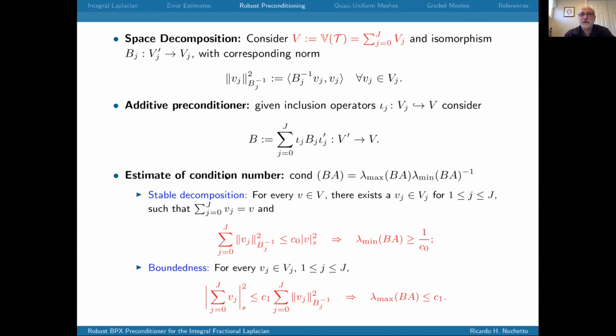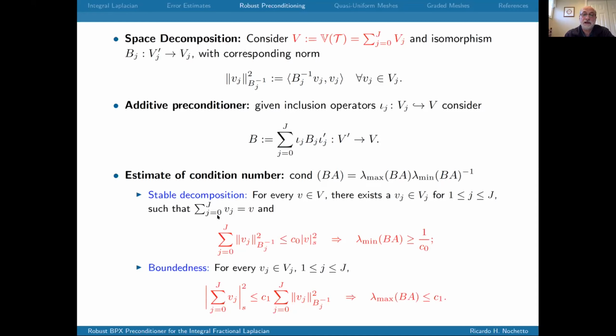But the general theory says that if we use this as a preconditioner, which means we want to estimate the condition number of the product BA and we like that to be uniform, we need to estimate the maximal and the minimal eigenvalues. And there are two steps to follow, so-called stable decomposition that you see here. For any given function in the space V, defined as element space, we have to find a decomposition v_j, the sum of the v_j's is v, satisfying this estimate.